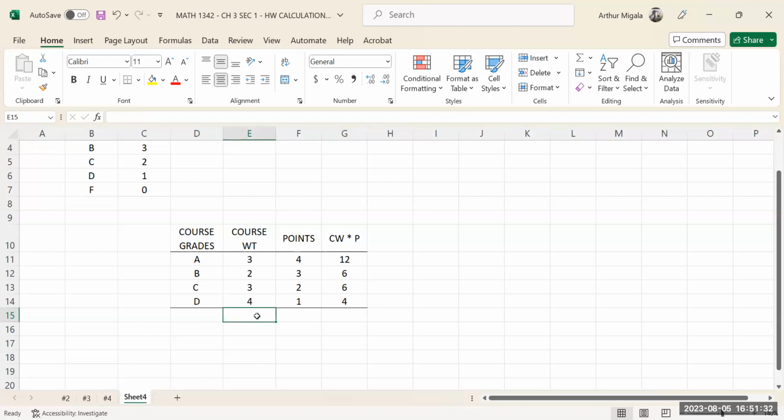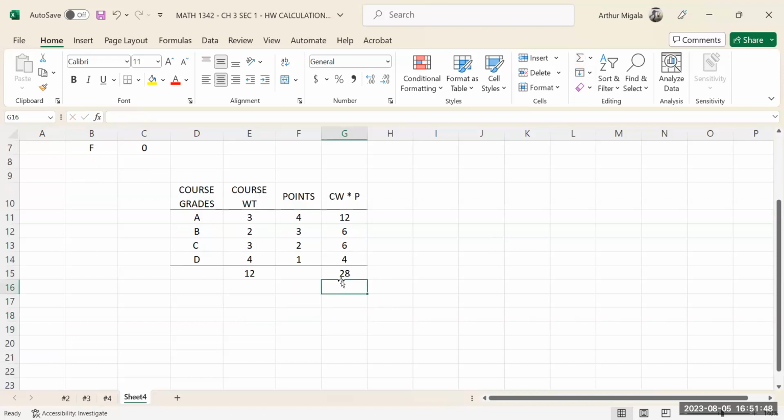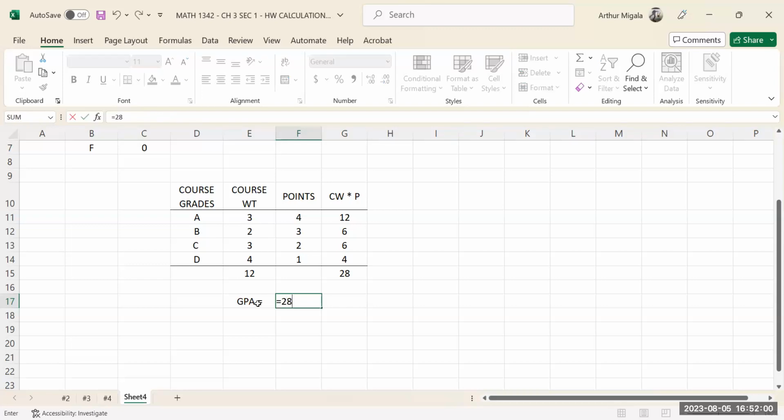Since I tried these number of courses, these are the number of points I attempted. 12 points. So I take this value here, the course weight times the points I got. So the grade this person actually got, their GPA is the 28, that's this one, divided by how many they attempted.